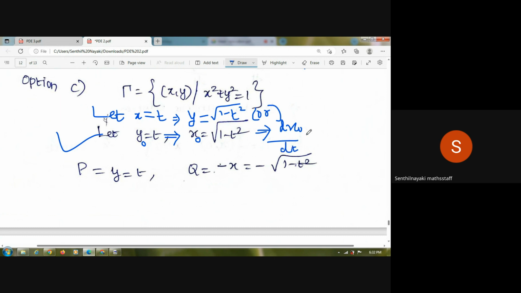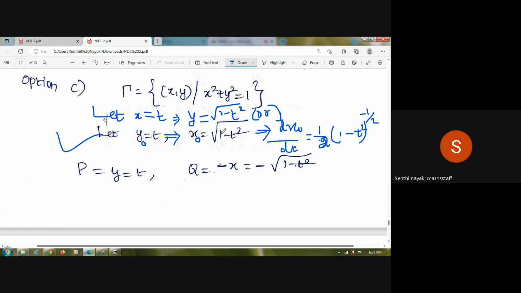So here the power is 1 by 2. So square root of 1 minus t square, power is 1 by 2. So n into, the differentiation formula for x power n is n into x power n minus 1. So 1 by 2, 1 minus t square, 1 by 2 minus 1. Then we get minus 1 by 2. After that we have to differentiate the term within this square root.